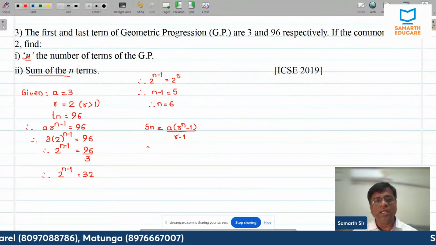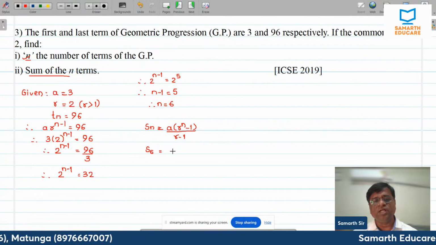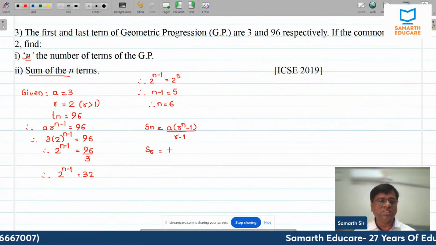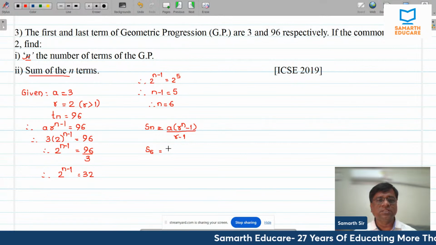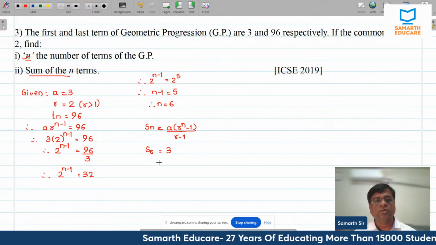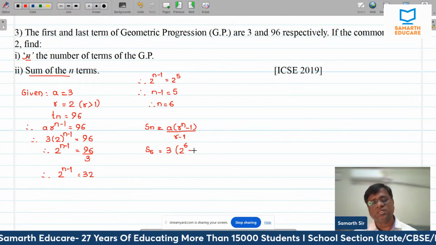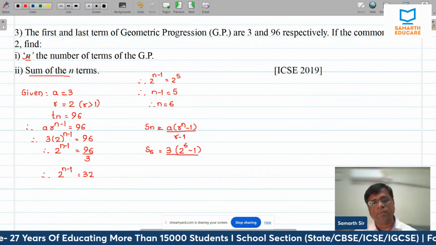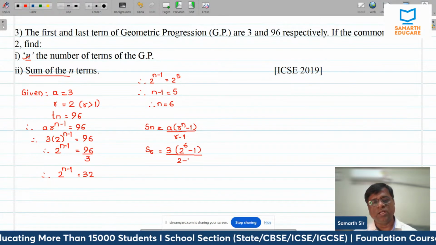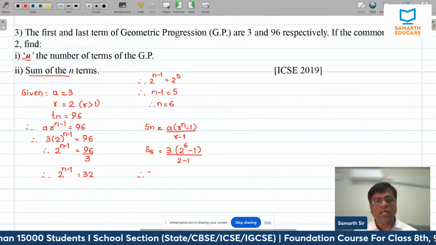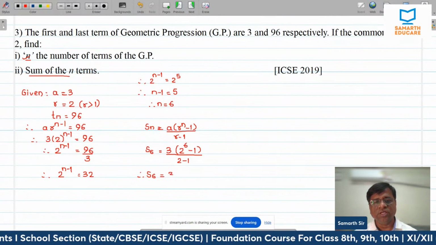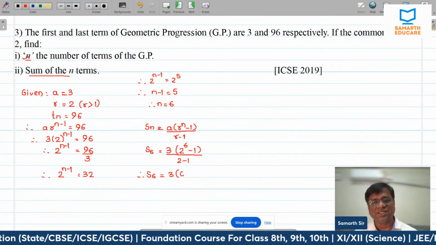Now here n is equal to 6, so we are finding S6. The value of a is 3, r is 2, number of terms is 6, so 2 raised to 6 minus 1 divided by 2 minus 1. Remember that 2 raised to 6 is 64.